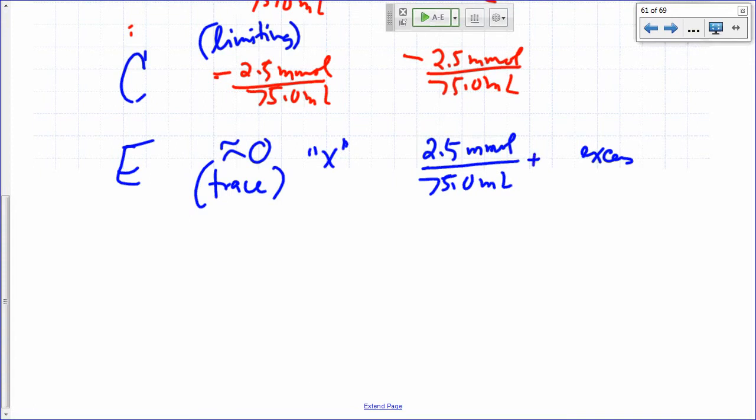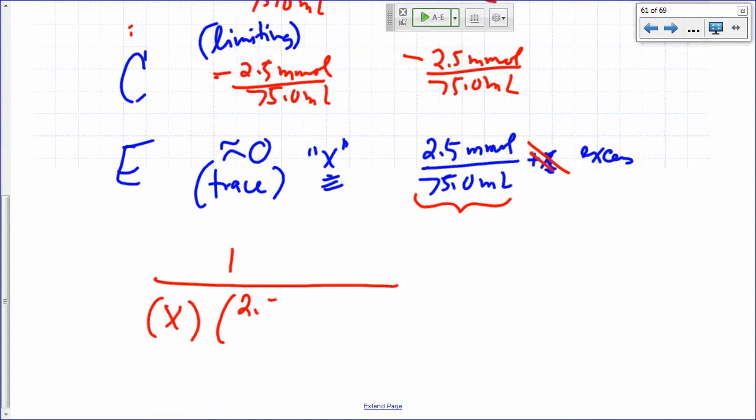In other words, there's going to be a plus X here. If there's X amount left of H plus, then there's going to be a little plus X here, but this extra X will be negligible compared to this, because that's just a trace amount. So for H plus, we're going to say 1 over X times 2.5 over 75 is equal to Keq.